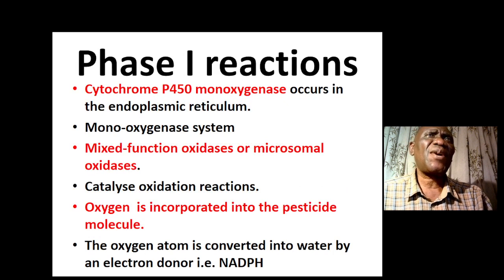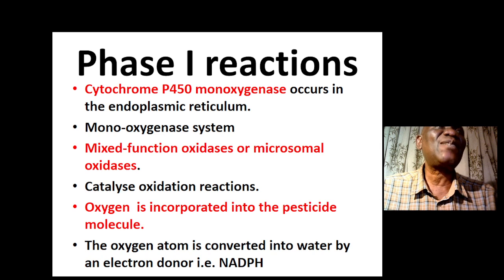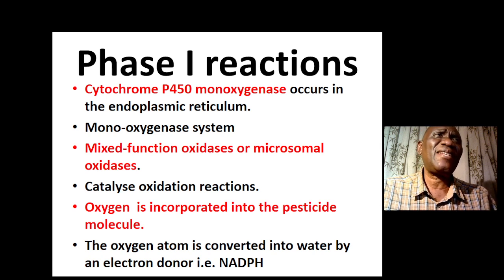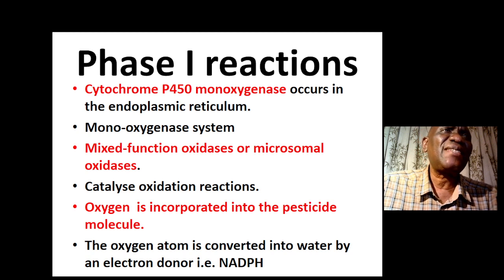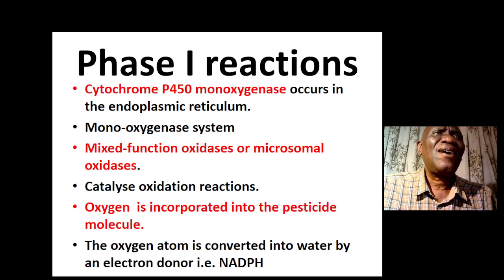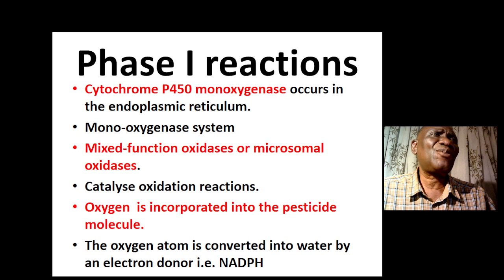So let us focus our minds on the cytochrome P450 monooxygenase, which occurs in the endoplasmic reticulum. Sometimes we call this the monooxygenase system. Other names are mixed function oxidases or microsomal oxidases.